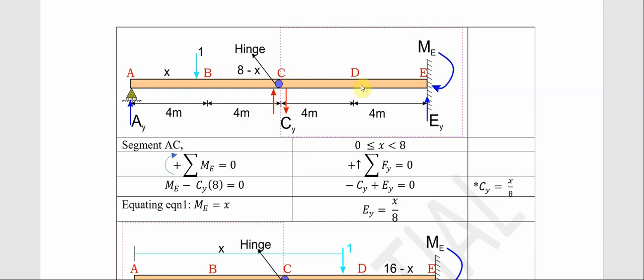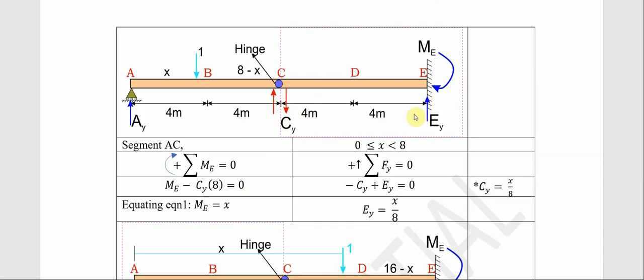So summation of moment about point E, we have this moment, plus because this one is coming clockwise, minus CY times 8, the distance from here to here is 8, equals 0.